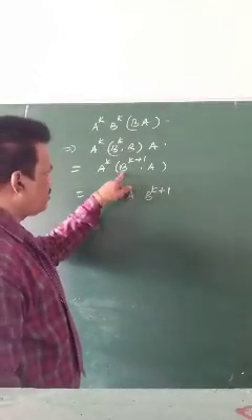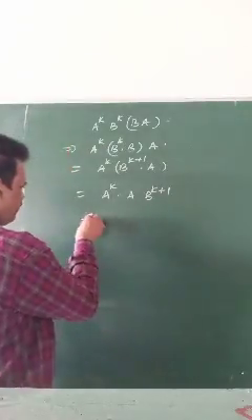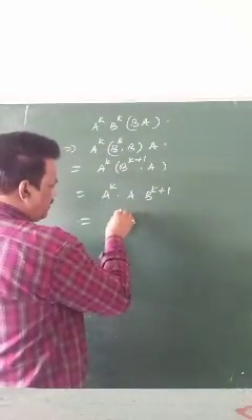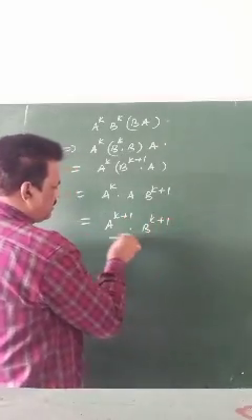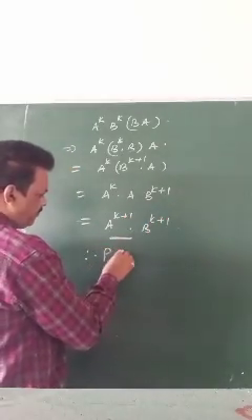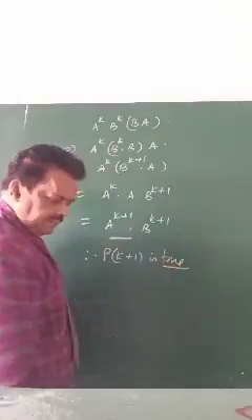Actually this was supposed to be proved, but we will not prove it here. We are writing directly. Then it becomes A^(k+1) B^(k+1). I think this is proved. Therefore, P(k+1) is true.